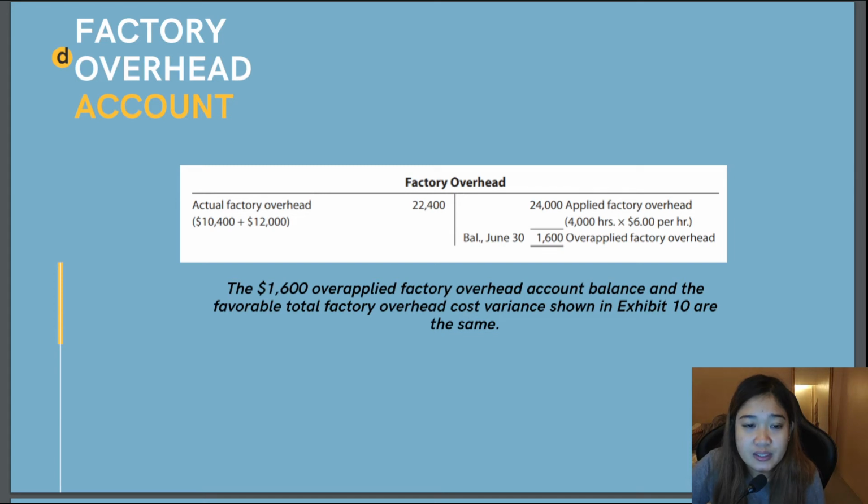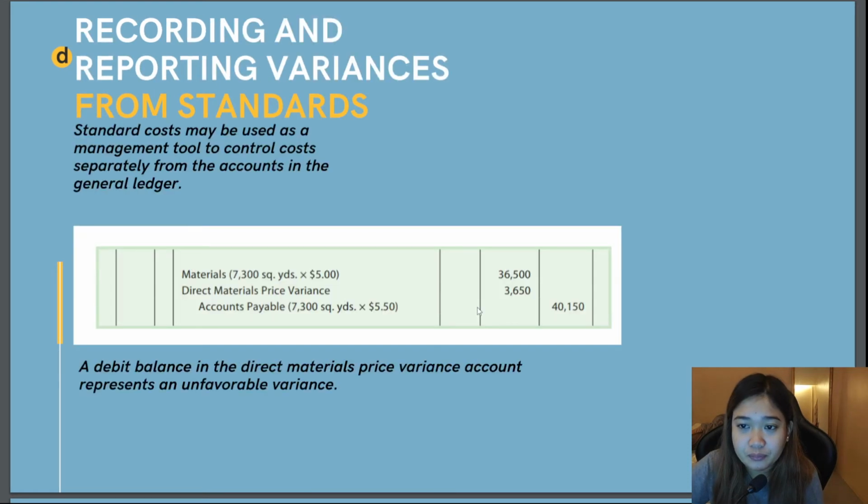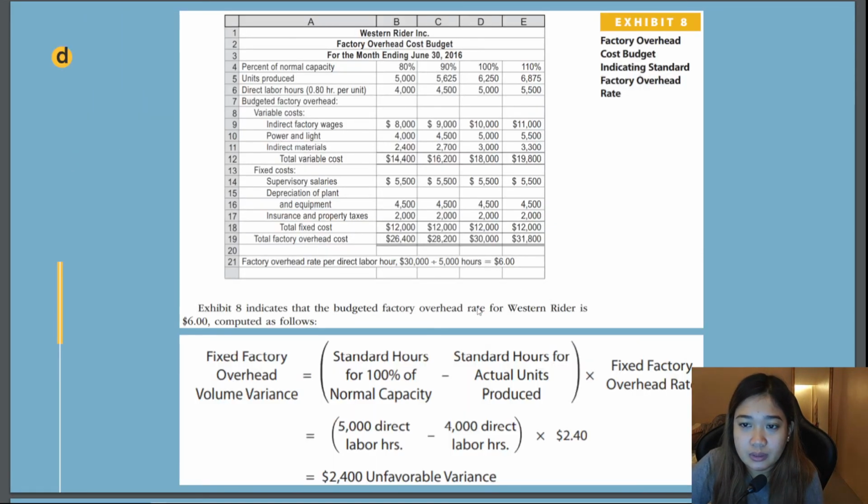The 1,600 over applied factory overhead account balance and the favorable total factory overhead cost variance shown in Exhibit 10 are the same.